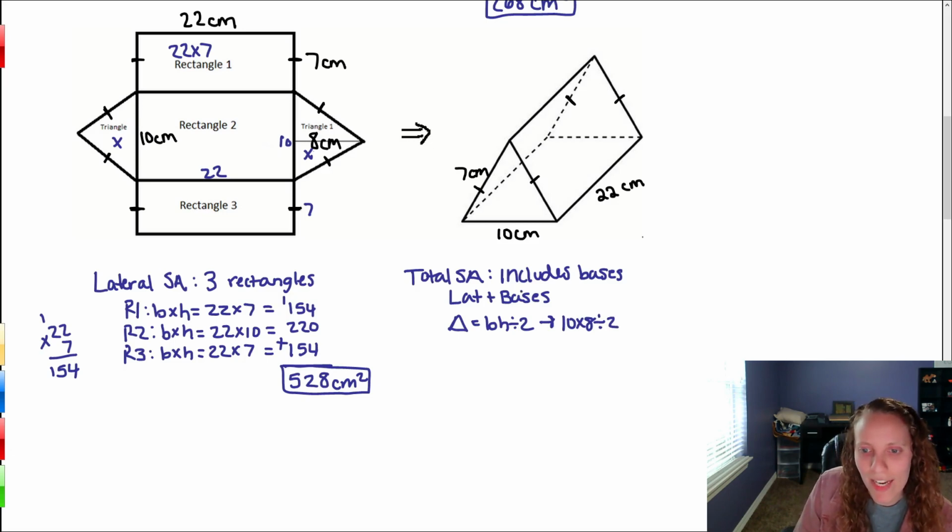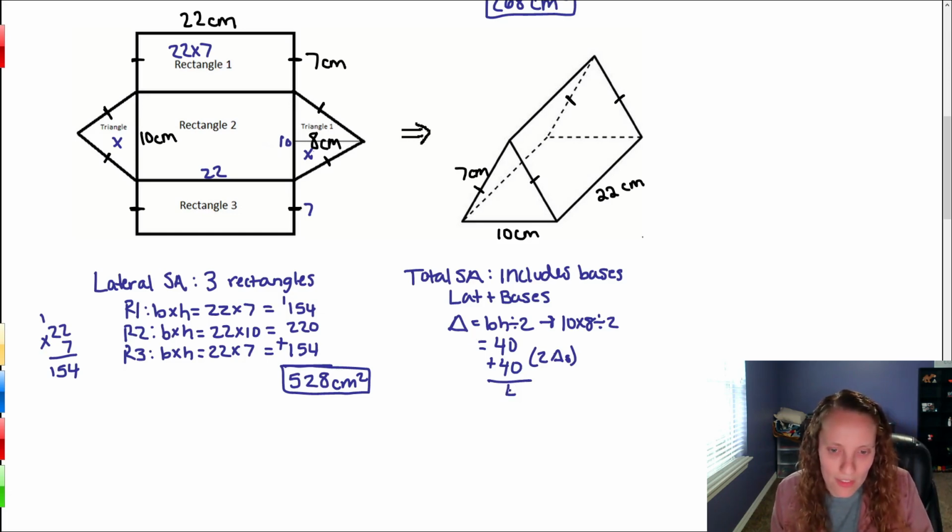And then if we take 80 and divide it by 2, that would give us an answer of 40. And that's only for one triangle. If you remember, we have two triangles, one on either side. So we have a 40 and then another 40 because of two triangles. So 40 plus 40 is 80, and that's just for the bases.